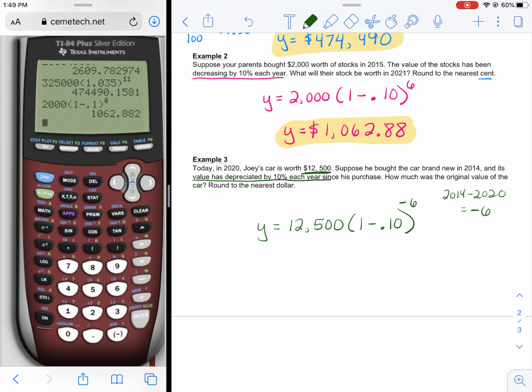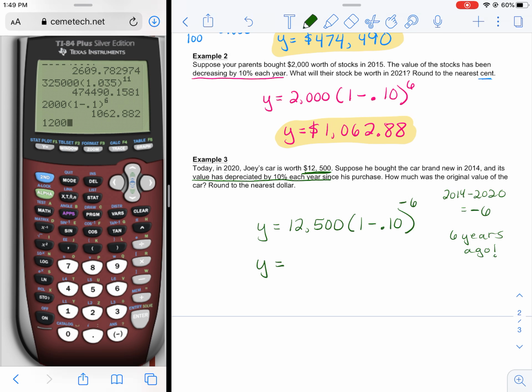The exponent is -6 because we're trying to find the value 6 years ago. Again, that's because we know the value in 2020 and we're looking for the value in 2014. In the previous problems, we were looking for a future value. Now we're looking for a value in the past.